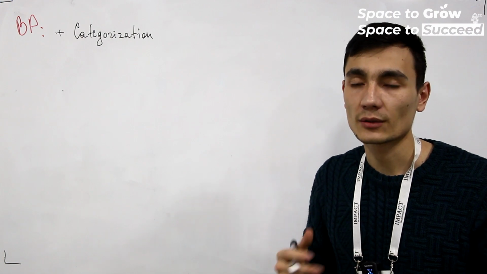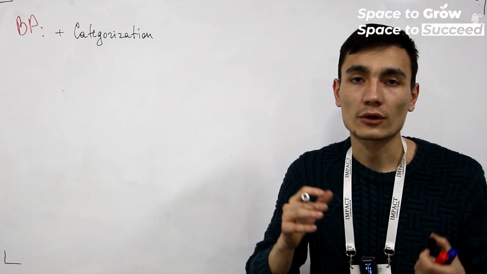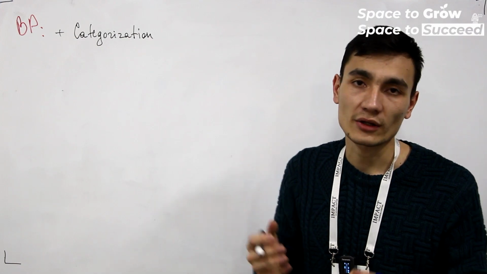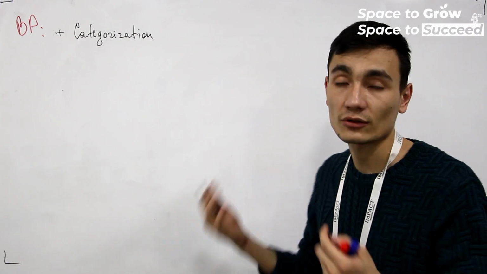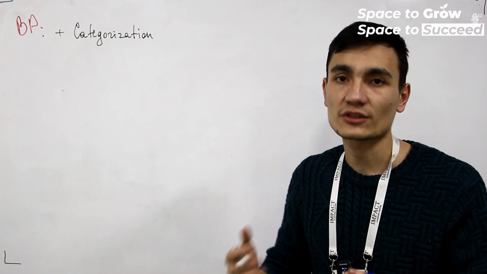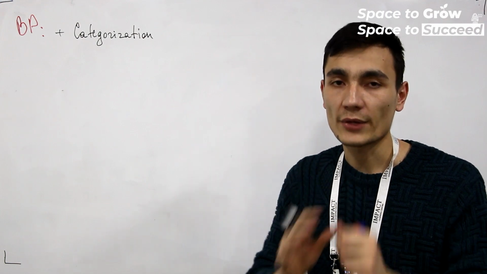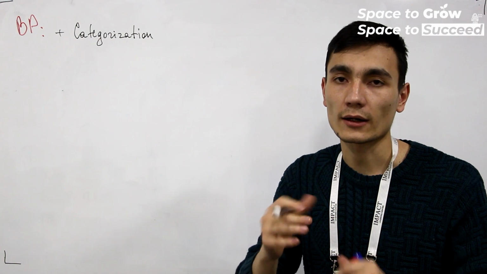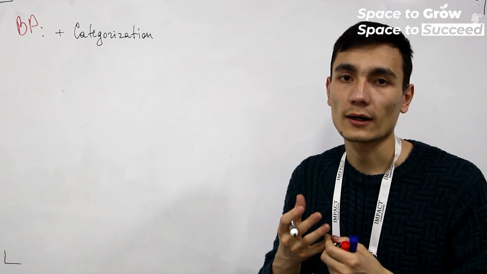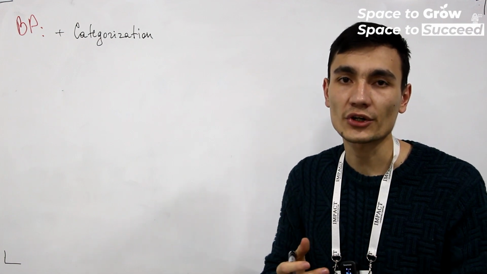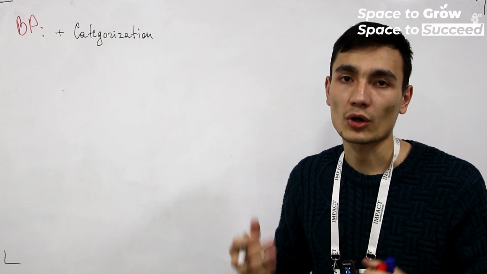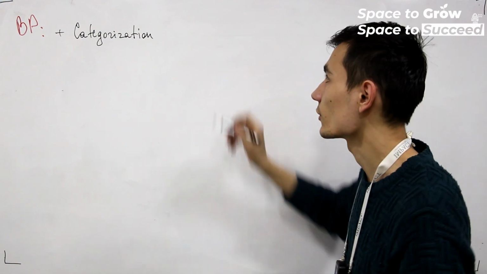So depending on the situation, you will have this amount of body paragraphs. In our case, it's 2 body paragraphs. This is categorization. Categorization meaning giving lines separately, not interconnecting them together, not giving them in one body paragraph. We just divide them into 2 different parts.